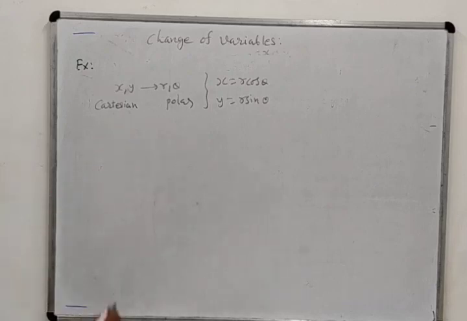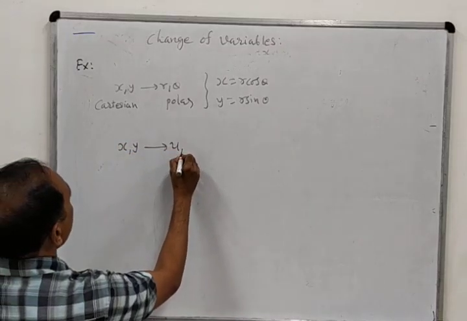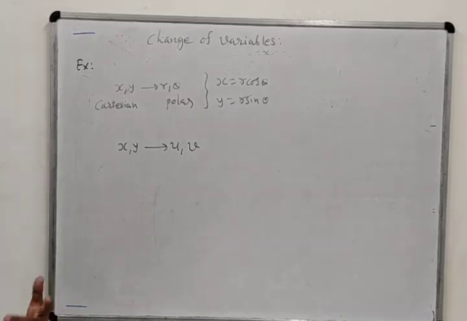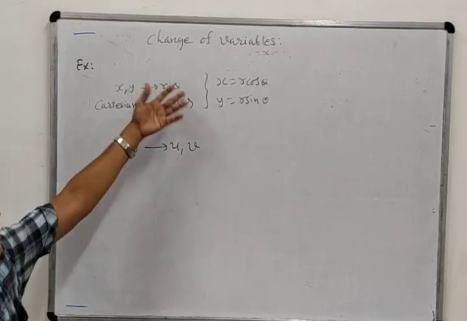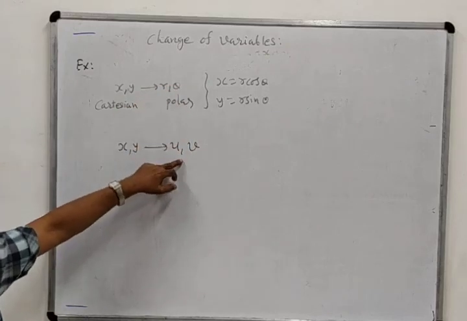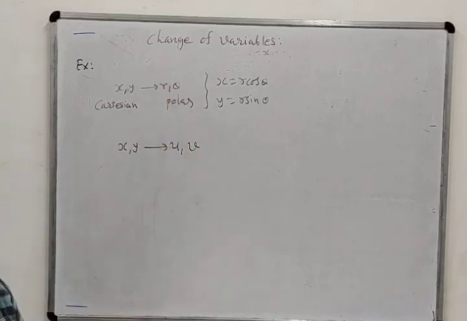But now we want to see the change of Cartesian coordinates to any other kind of variables u and v. U and v can be any variable. Suppose if we take u equal to r, v equal to theta, then the polar coordinates are also a case of this one. Because if we consider u equal to r and v equal to theta, then it becomes polar coordinates.